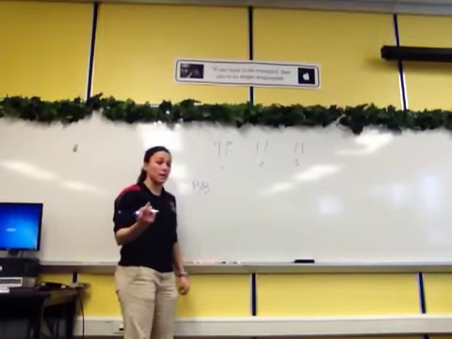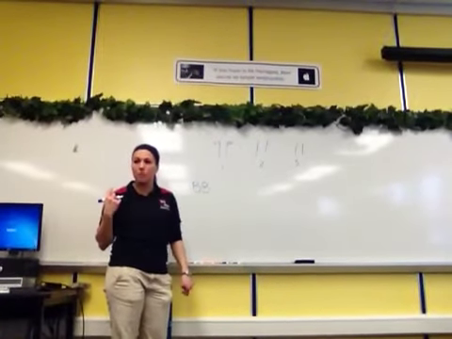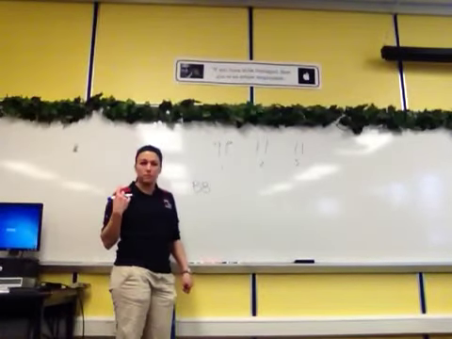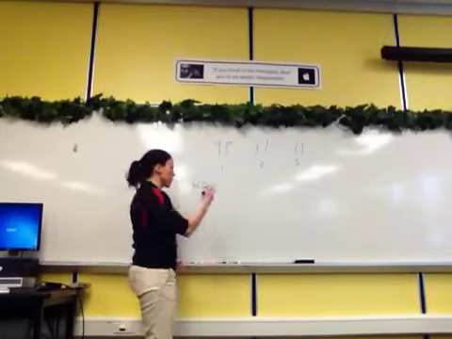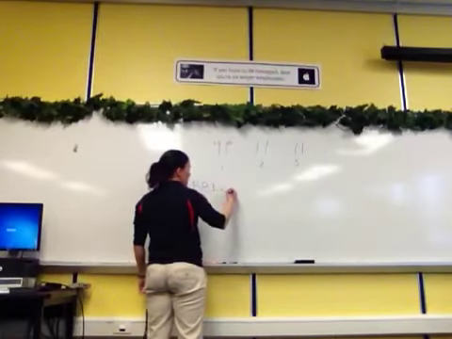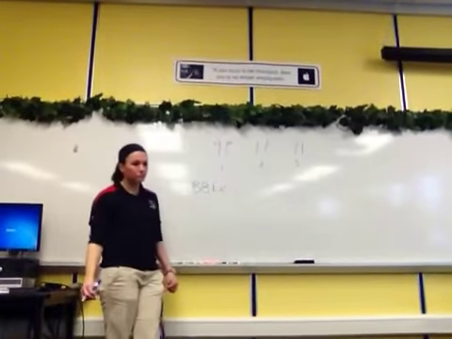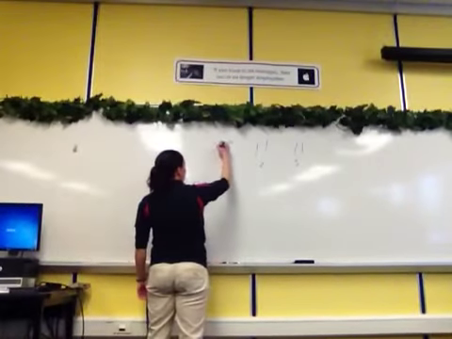If I were to say I have homozygous dominant brown hair, but I have heterozygous brown eyes, we can't use B's again for eye color. So let's say we use E's. Brown's dominant. So I have heterozygous brown eyes, but homozygous dominant brown hair. How do you have heterozygous eyes?